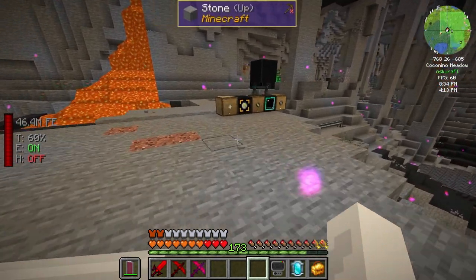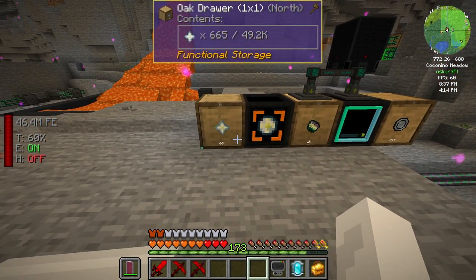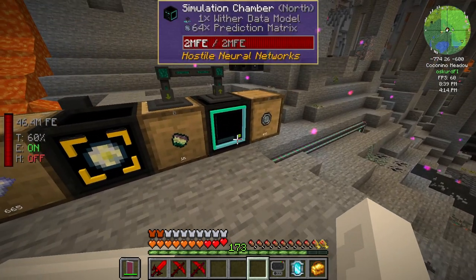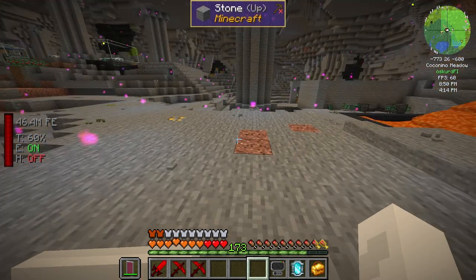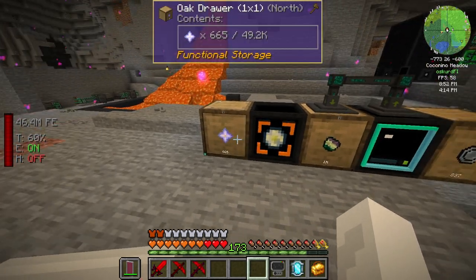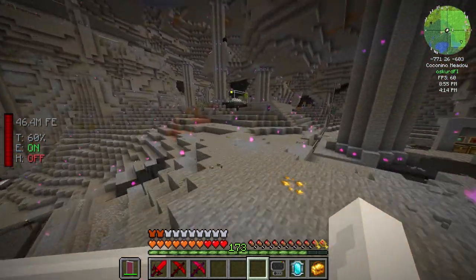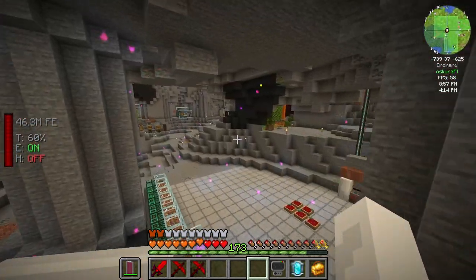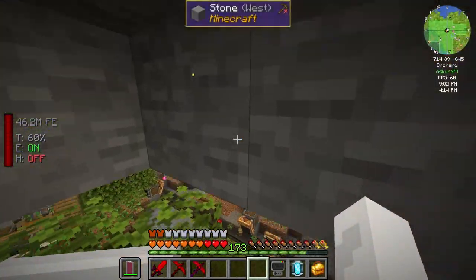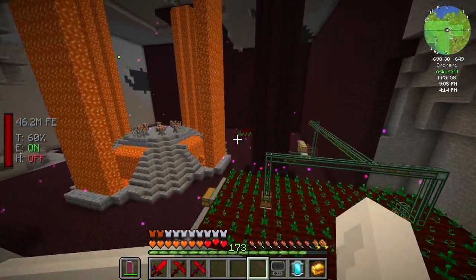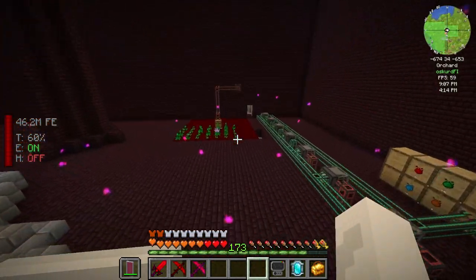And talking about wither stars, now we have 665. I had to turn this off because we get so many. The 665 should last a while, so that's why I turned it off. Here we have 665, and this whole time my wither star farm has been going and growing and moving.